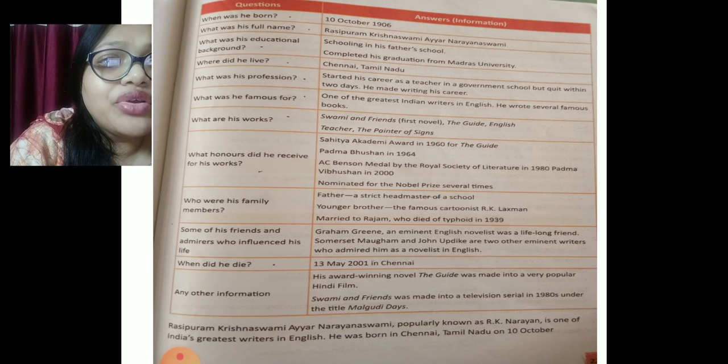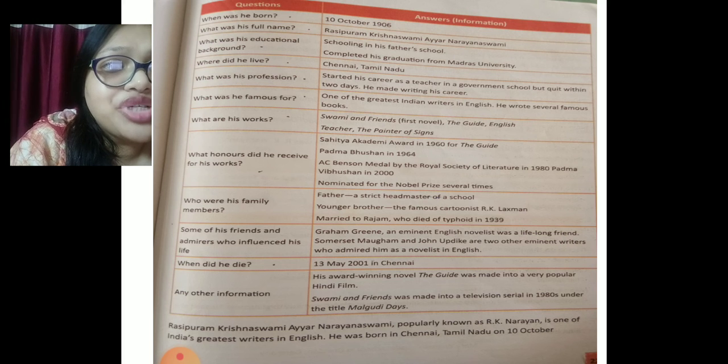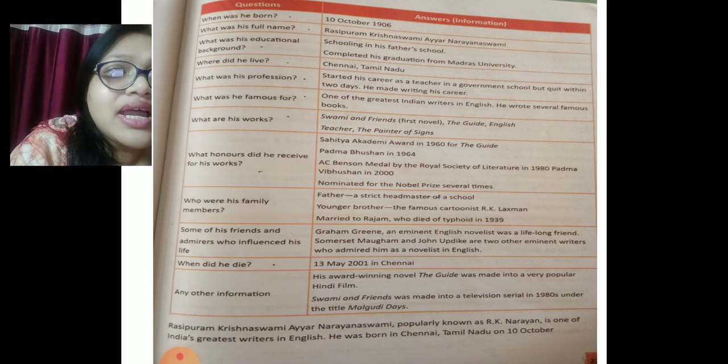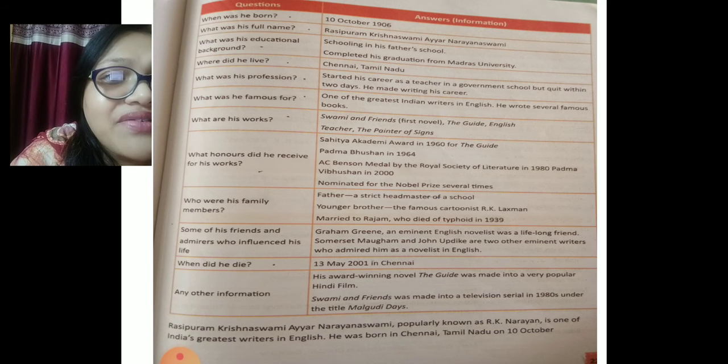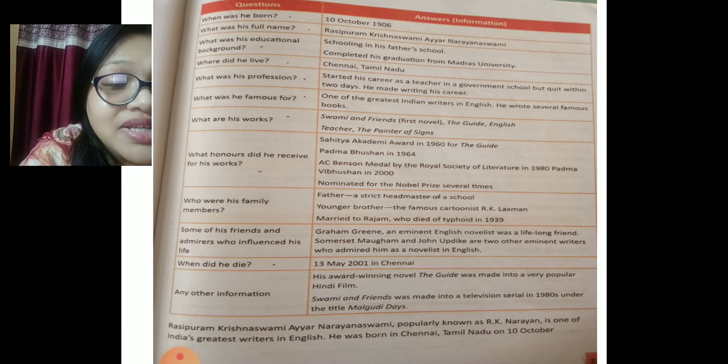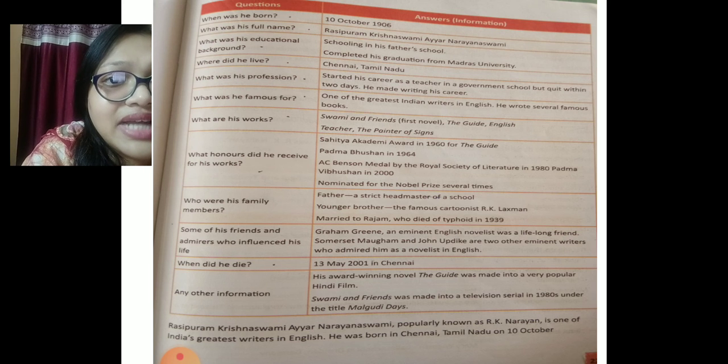So here is how you arrange the fact file. Next, what honors did he receive? Padma Bhushan, Sahitya Akademi Award, A.C. Benson Medal, nominated for the Nobel Prize several times. Who were his family members? Father, a strict headmaster of a school. Younger brother, the famous cartoonist R.K. Laxman. Married to Rajam, who died of typhoid in 1939.